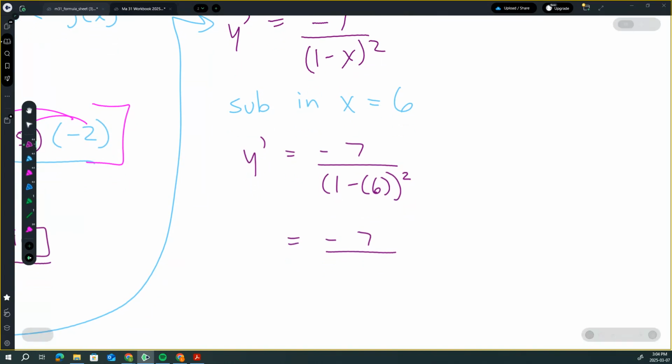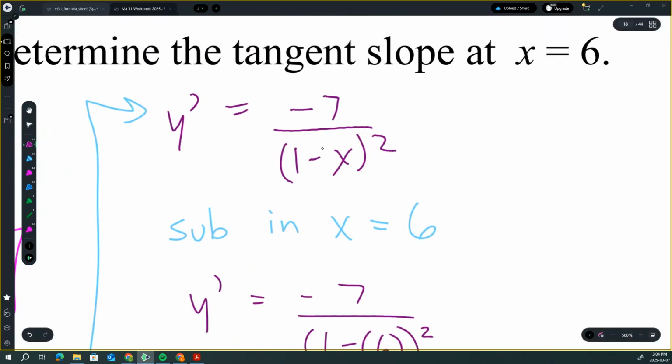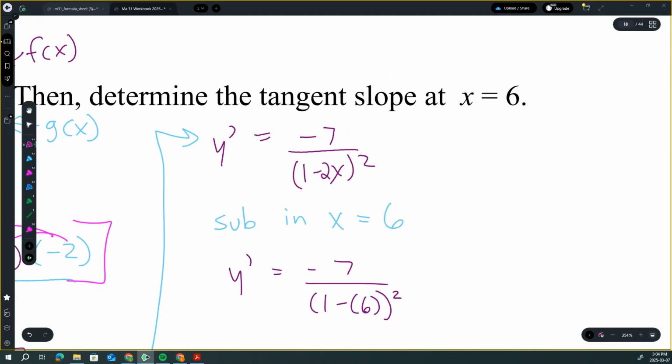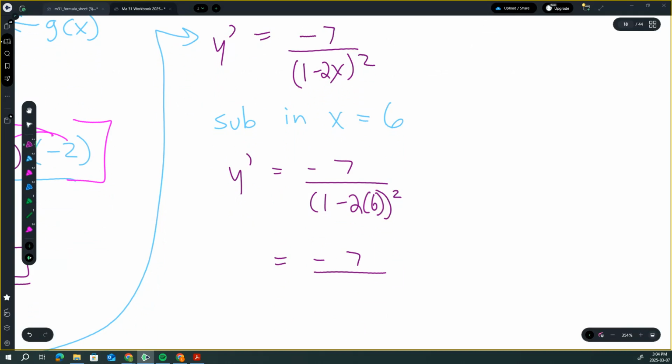So 1 minus 6, that's going to give, oh, hang on, did I miss something? Yeah. Thank you very much. I missed that 2x there. Let's fix that. There we go. Okay, life is making more sense now. 2 times 6. There we go.